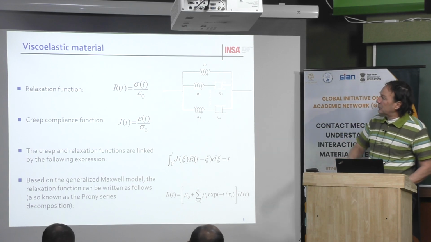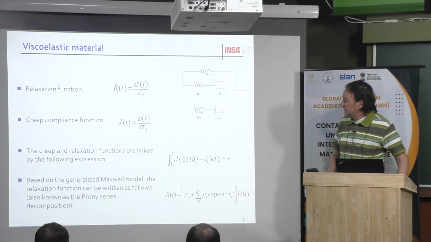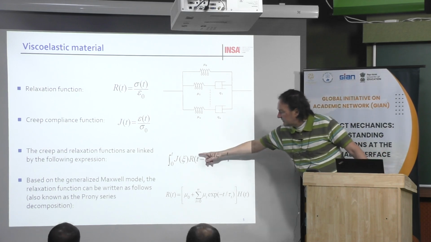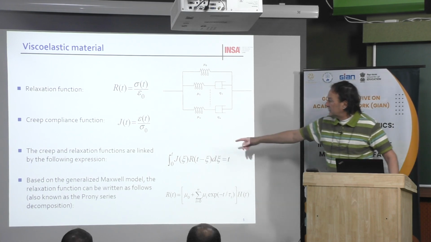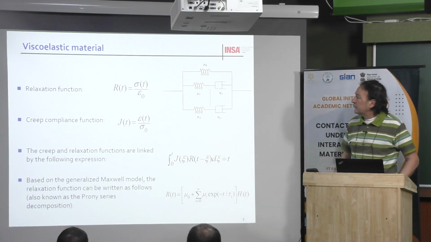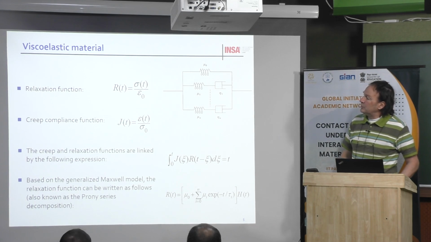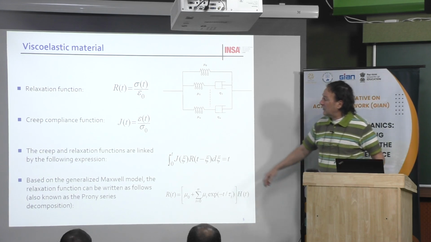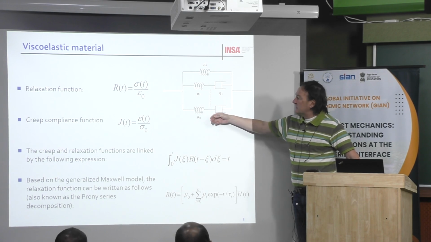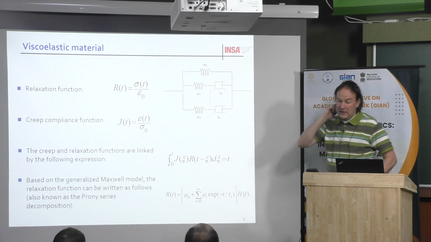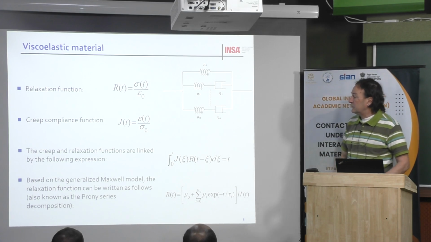And now we have two functions that are linked to each other, R and G. The first one is a relaxation function, which is R here, and the second one is a creep function, which is G. For this behavior, there is some stiffness, as in an elastic material, and damping due to viscosity.